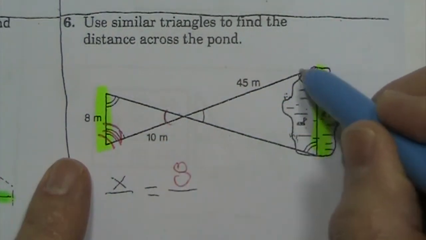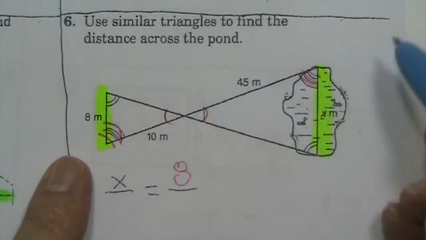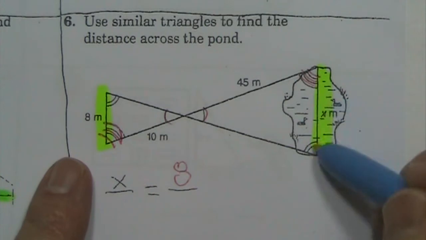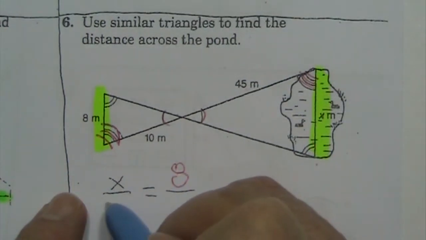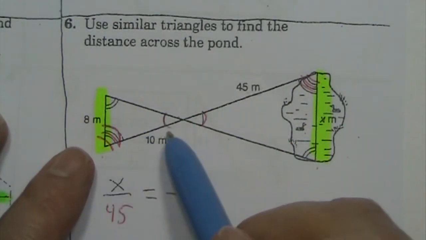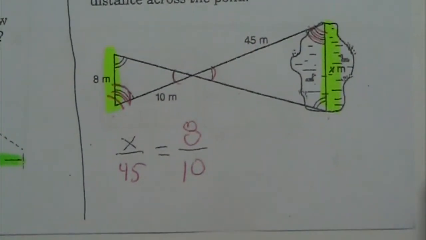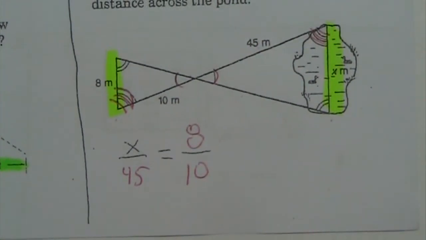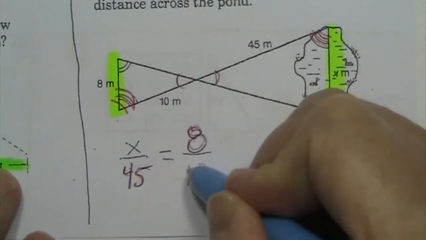Over here, 3 arcs to 1. So for this x triangle, x over 45 is the same as 8 over 10.